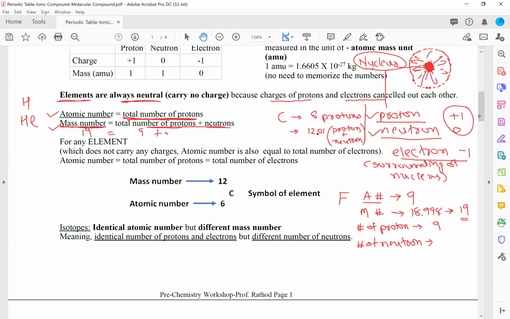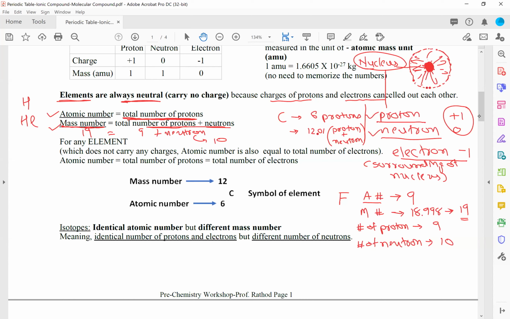So how many neutrons will you have? 19 minus 9 would be 10. So you will have 10 neutrons in fluorine. Easy? Make sense? Yes.